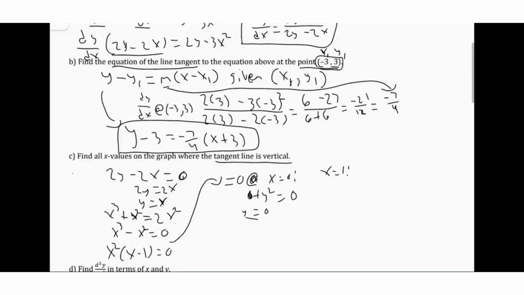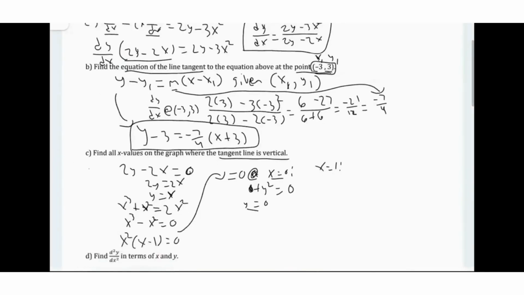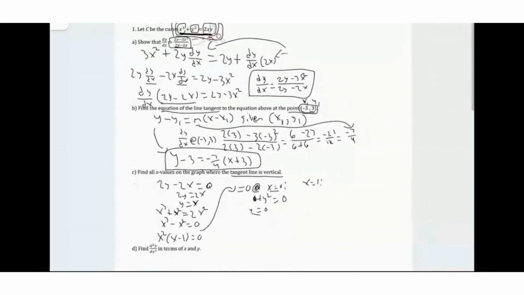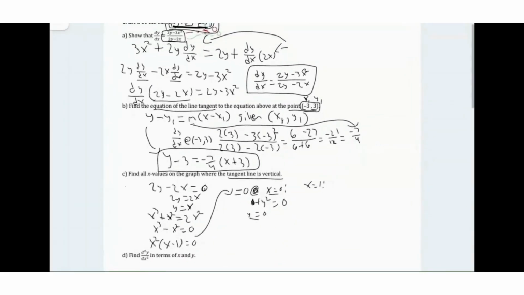Now at y equals 0 and x equals 0, the numerator of your derivative is 2 times 0 minus 3 times 0 squared, which equals 0. But we can't have that. So therefore, we can reject x equals 0 as a solution.